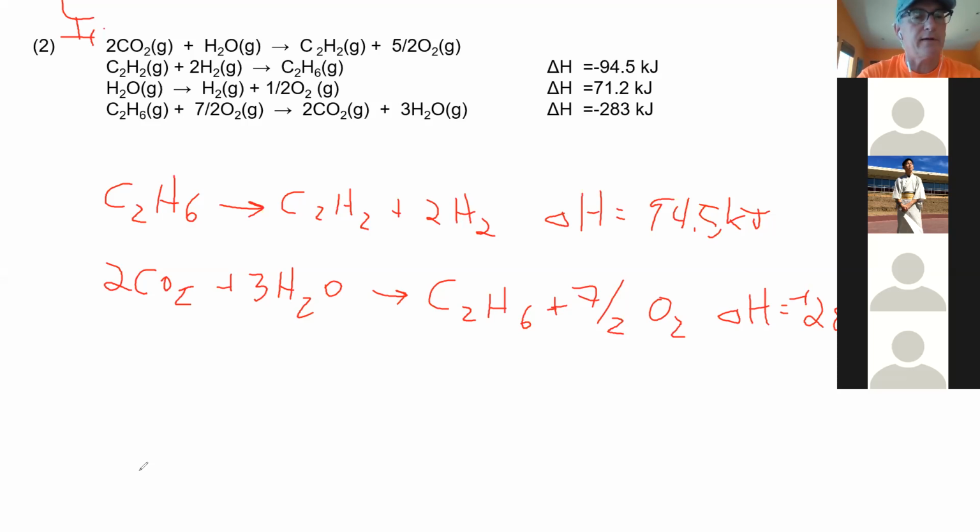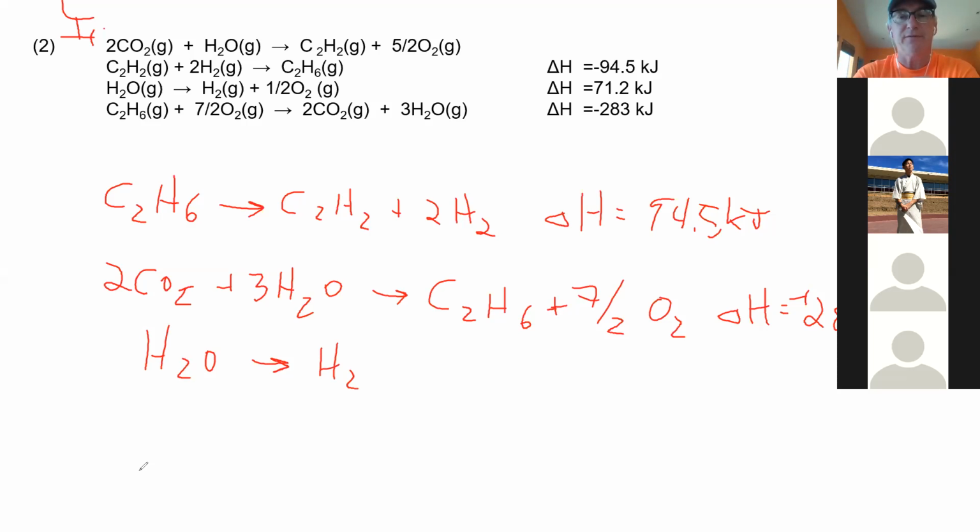And so the only one we haven't taken into consideration is the third reaction. And it looks like we can just leave it as it is, right? Because it gives us water, which we want. This is an approach I like to take: the first thing I do is get all the reactants and all the products on the right side.